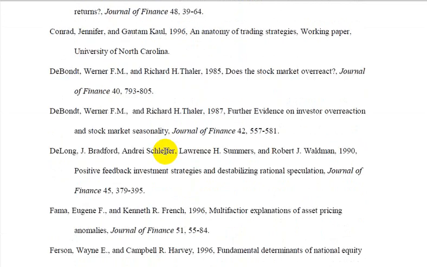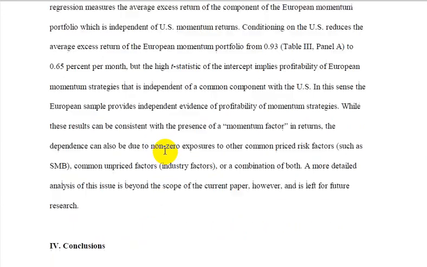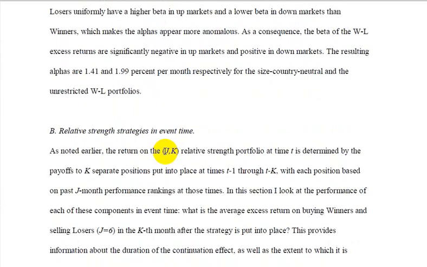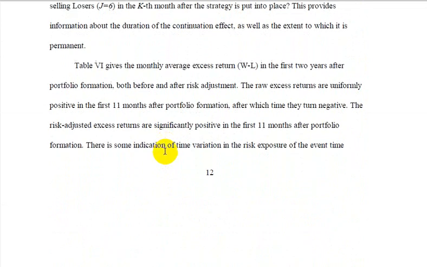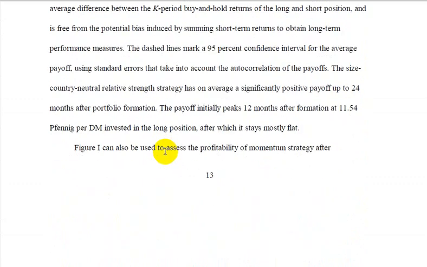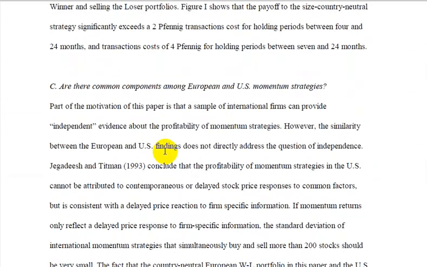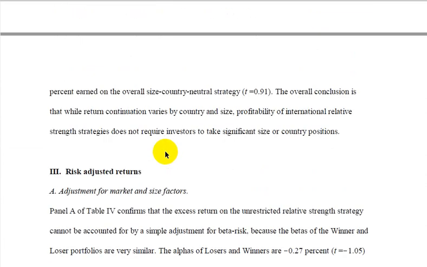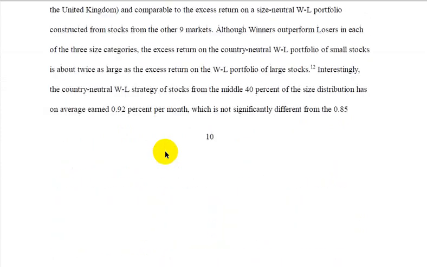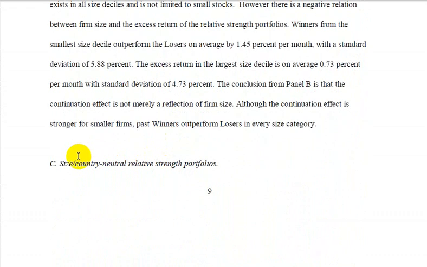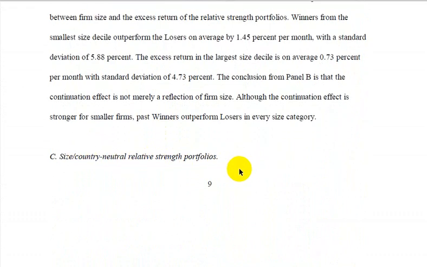Okay, so let's go back up to section C, size and country neutral relative strength portfolios.